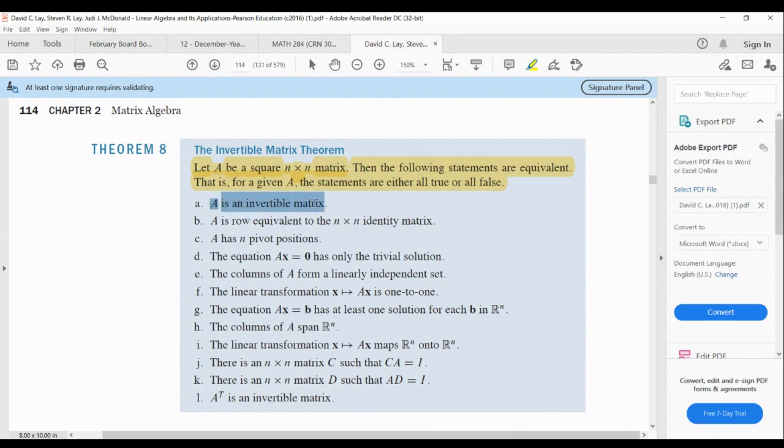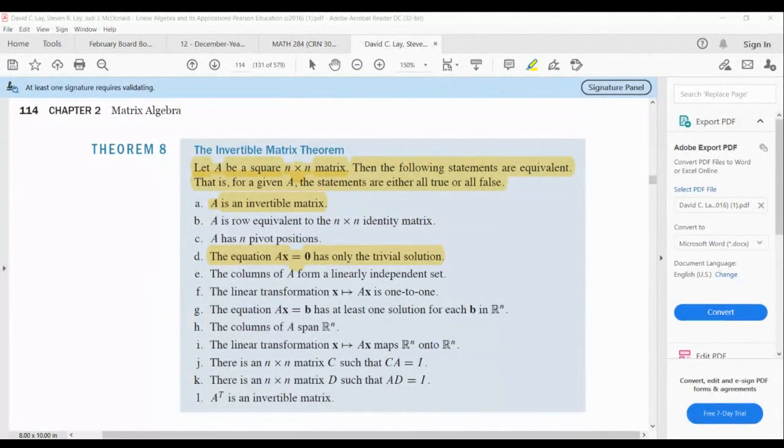if A is an invertible matrix, then this implies that AX equals 0 has only the trivial solution. Okay, let's talk about that.